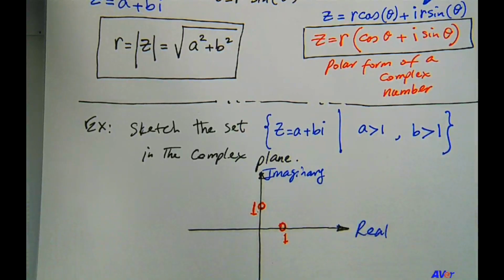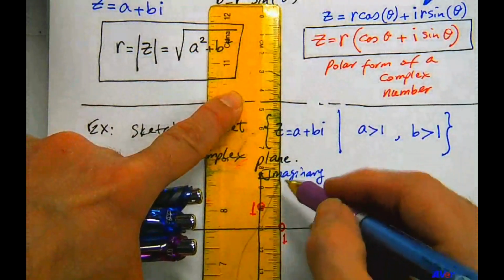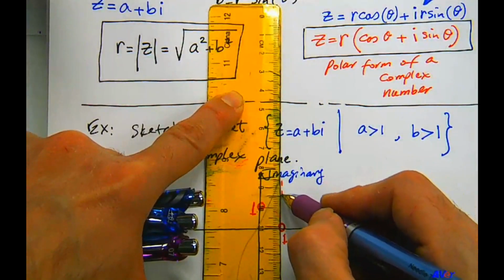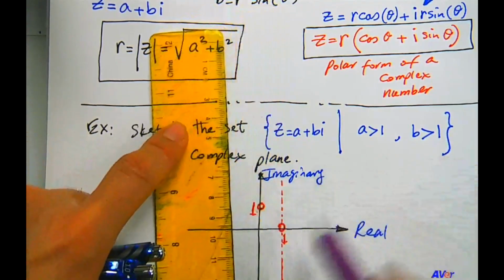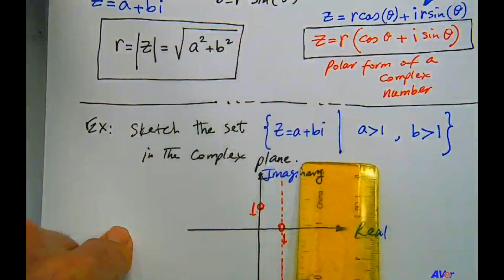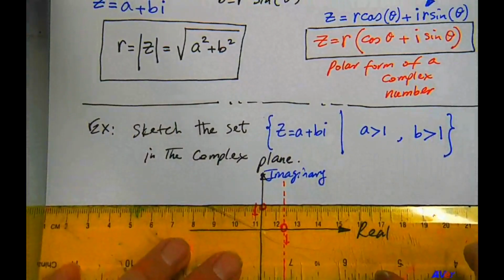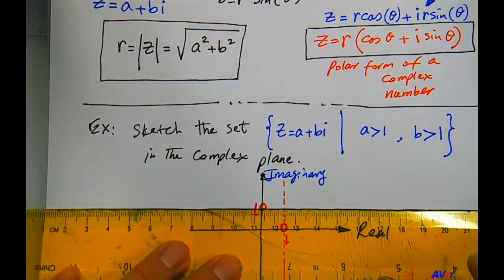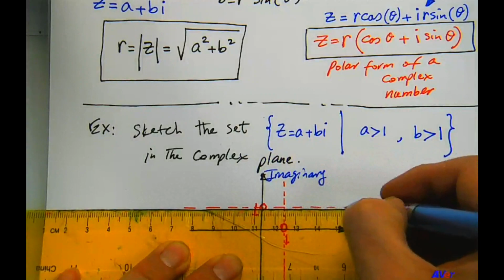Then I'm going to draw a dashed line, because the graph of this complex number cannot include 1 or anything less than 1. It can only include something greater than 1. I will do another dashed line here.